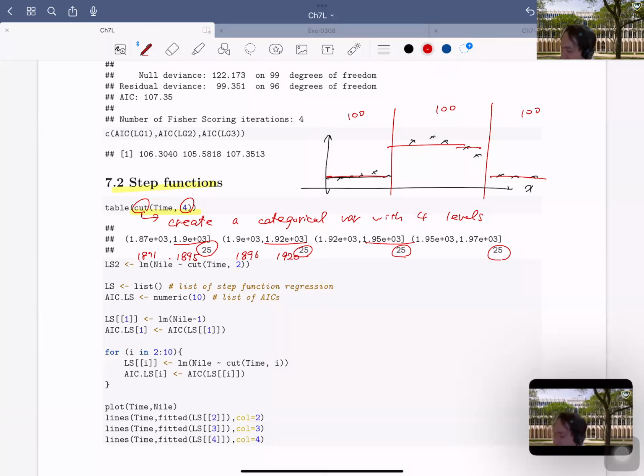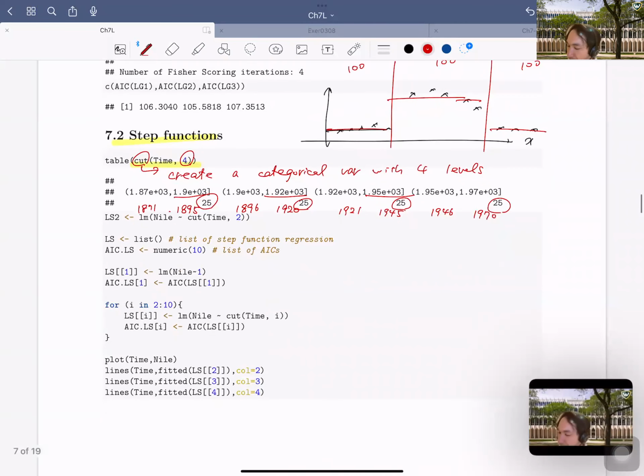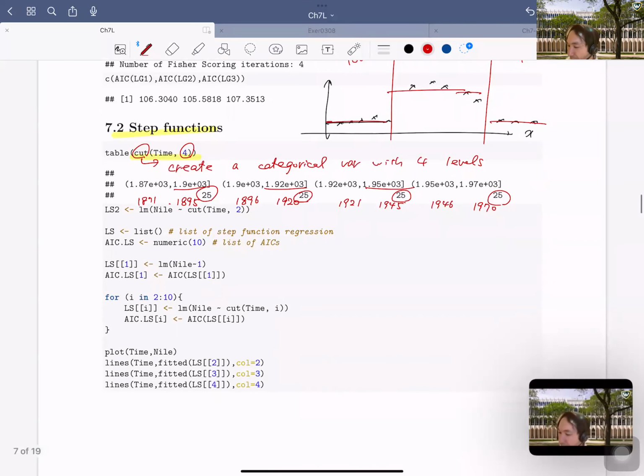And this is 1921 to 1945 and 1946 to 1970. So we make the 4 categorical variables, which correspond to each step function. So using this cut function, you can do step functions.